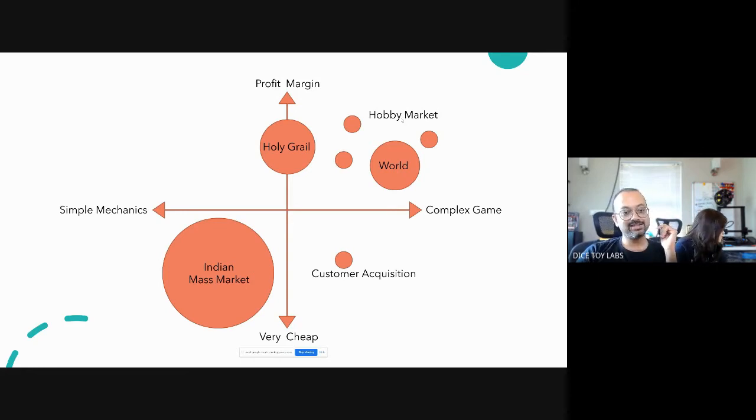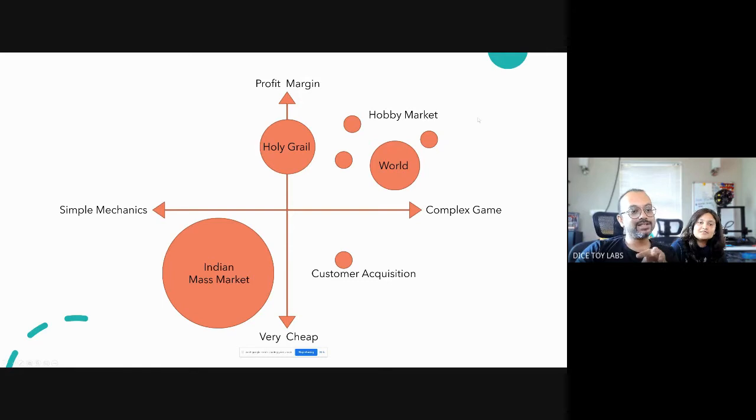Or is it easier to sell a 1,000 rupee game to 1,000 customers? Is it easier to get 1,000 customers or 10,000 customers? It's easier for me to find 1,000 customers. And to these guys, if I can sell a 1,000 rupee game, then I can reach 1 crore like this. I think the numbers are a little short by a zero, but you get the idea.